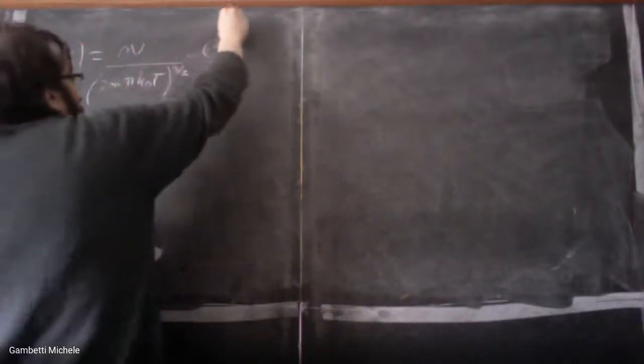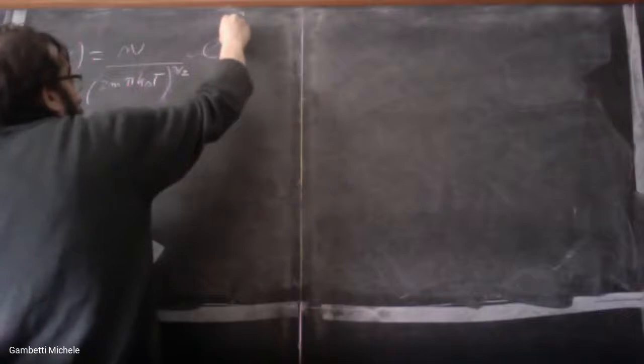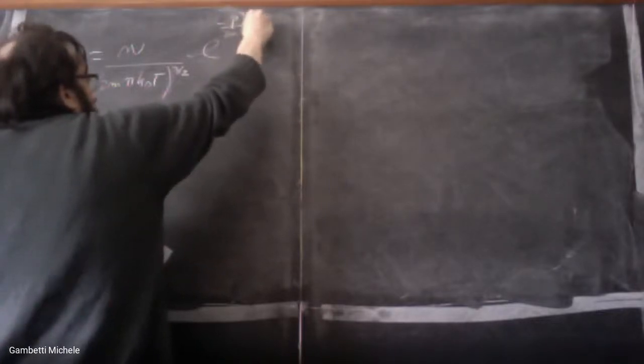And here I have (2m pi kB T) to the power 3/2, and e to the minus p squared divided by 2m kB T. Okay, so this is the Maxwell-Boltzmann distribution.